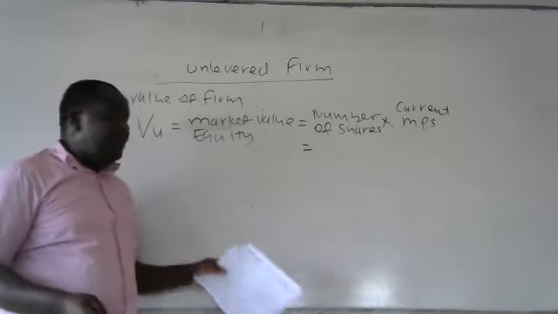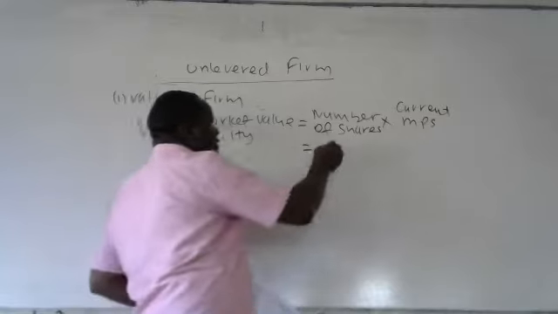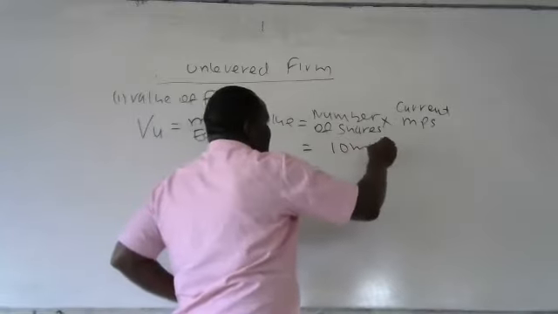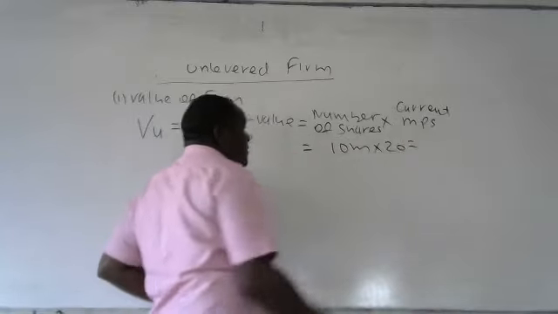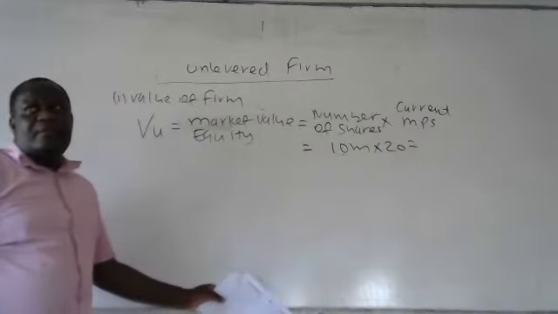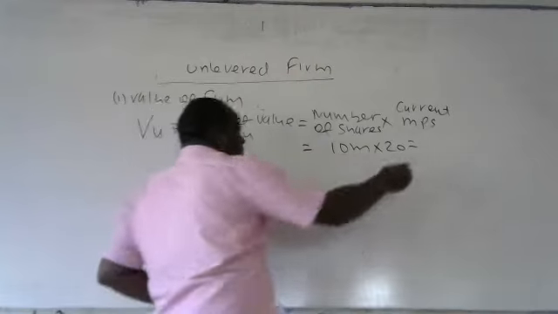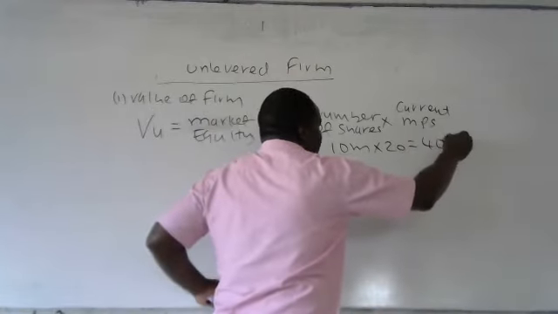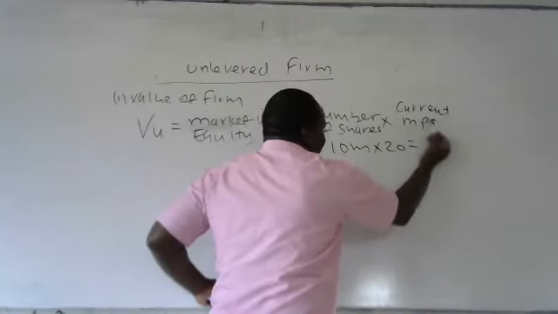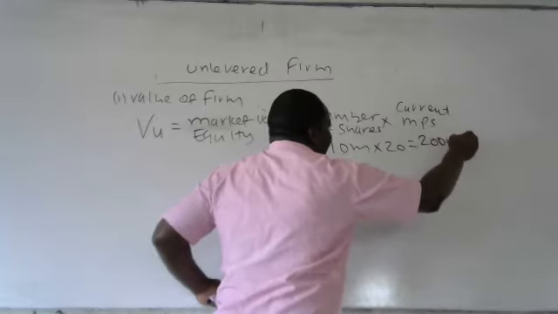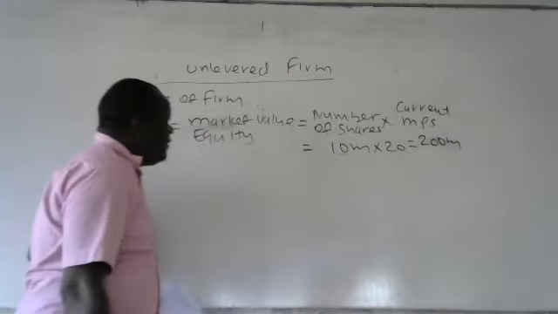So it is 10 million multiplied by 20, which gives us 200 million. So that is now our value for the firm.